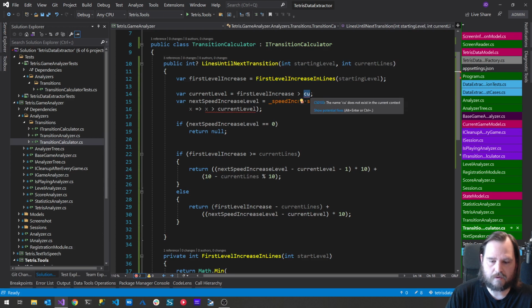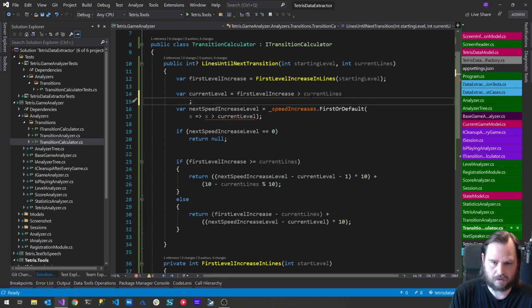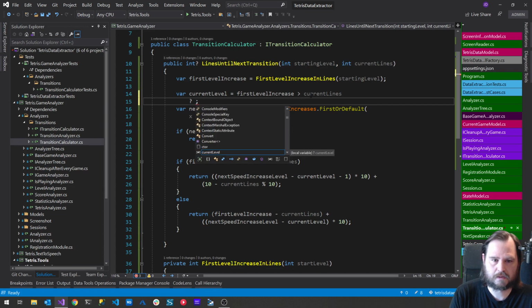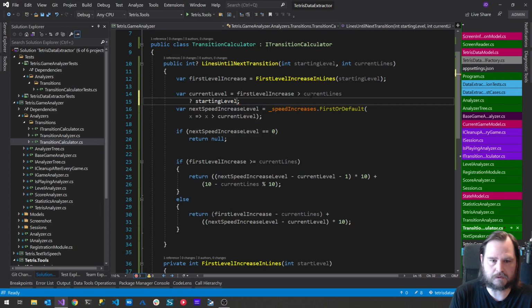If it's greater than current lines, greater than or equal? No, greater than. Okay. If it's greater than, then we're still at the starting level.